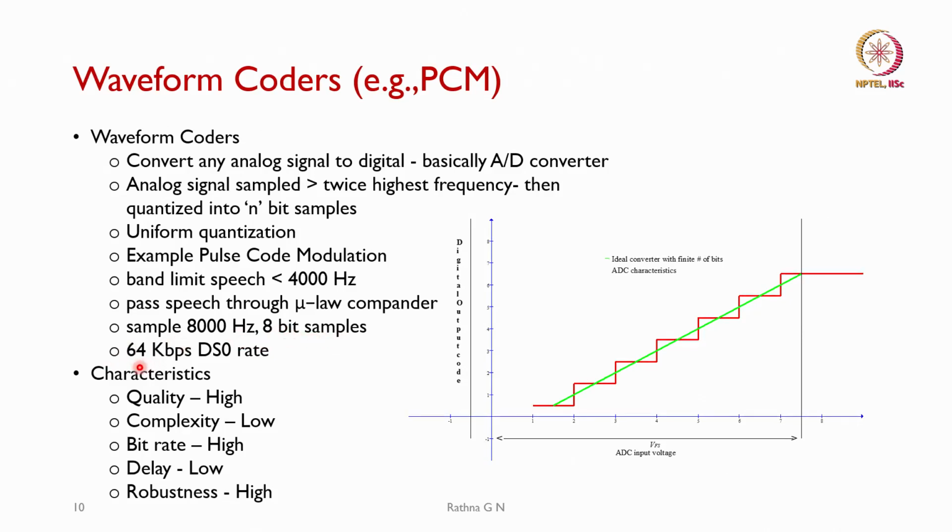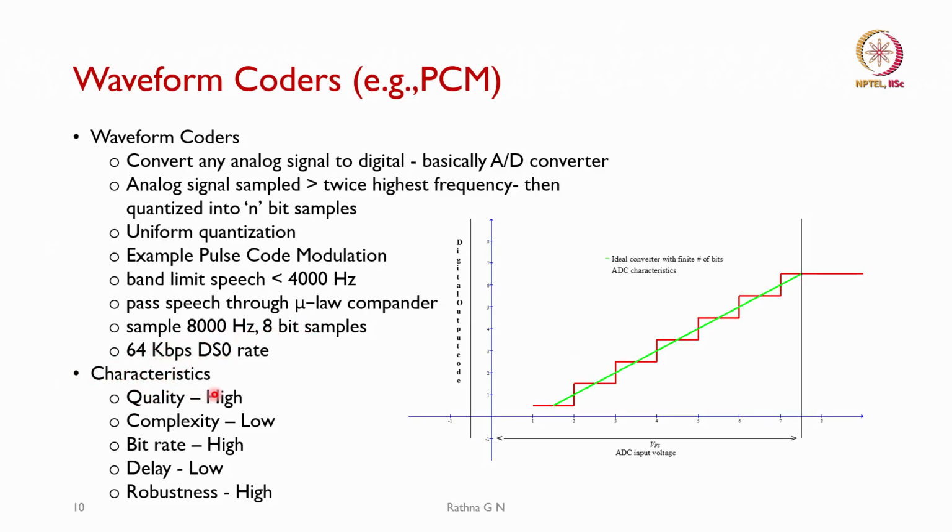Then we get 64 kilobits per second, which is the digital sample output rate from this representation. So, 8 into 8 is 64 kilobit per second. And what are the characteristics of this?